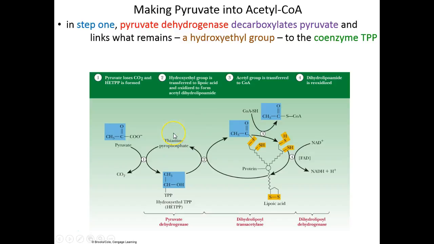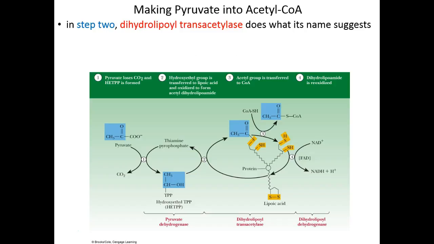TPP stands for thiamine pyrophosphate. You'll never need to know that in my class ever. So what we've made at the end of step 1 is hydroxyethyl TPP. Essentially, again, to summarize, pyruvate is decarboxylated, the carbon dioxide is removed, the hydroxyethyl group that remains is linked to TPP as an activation step.